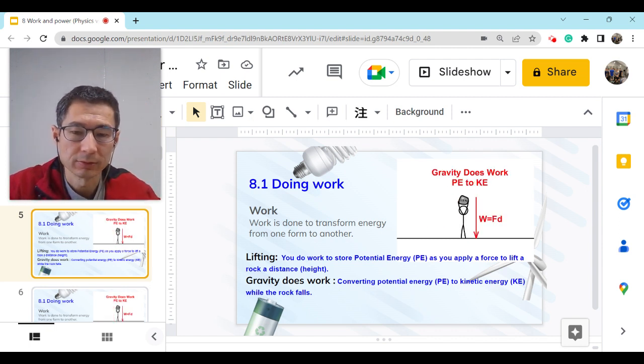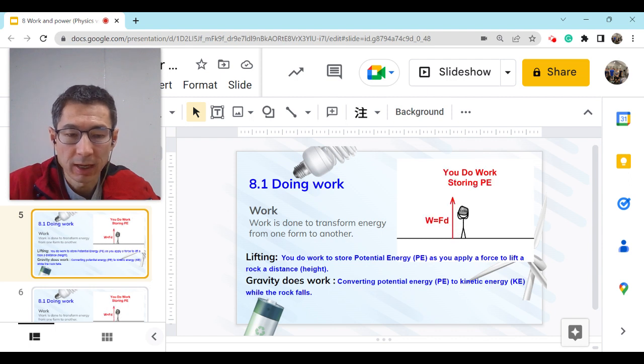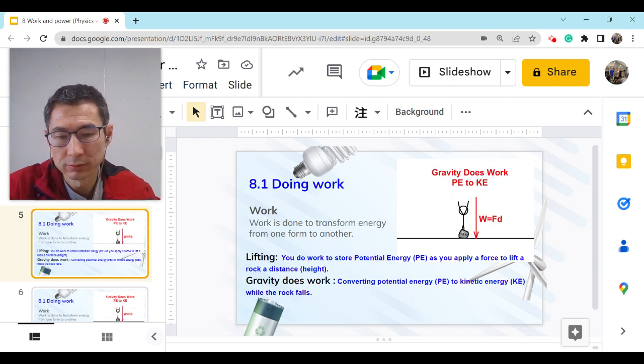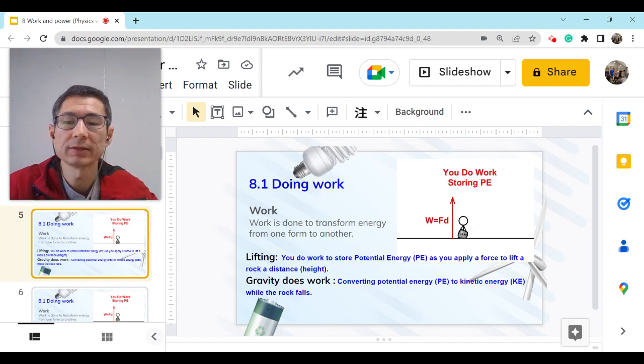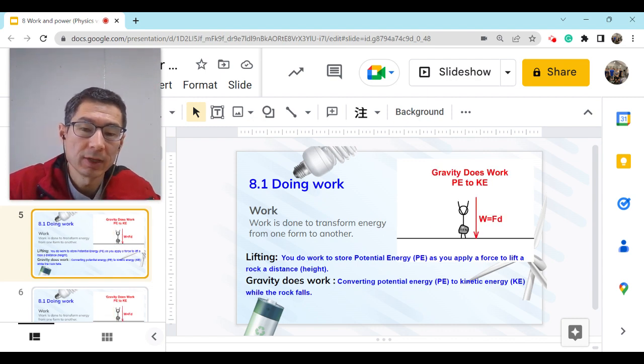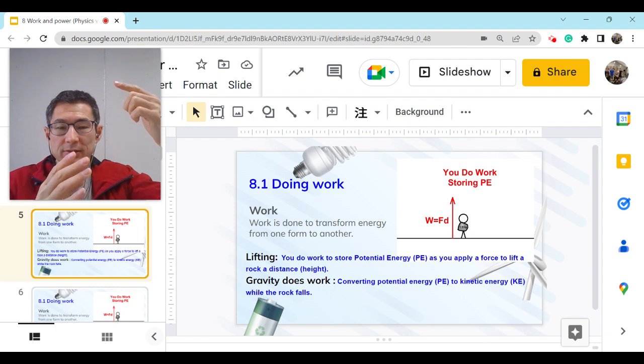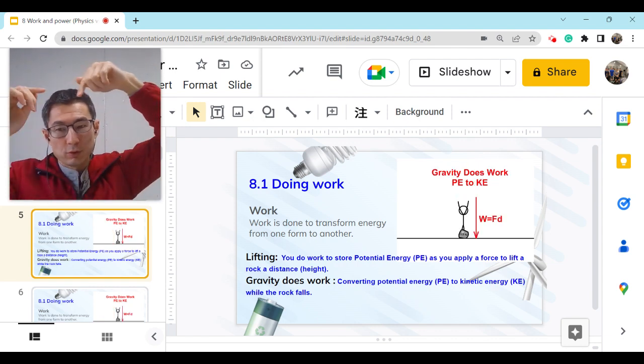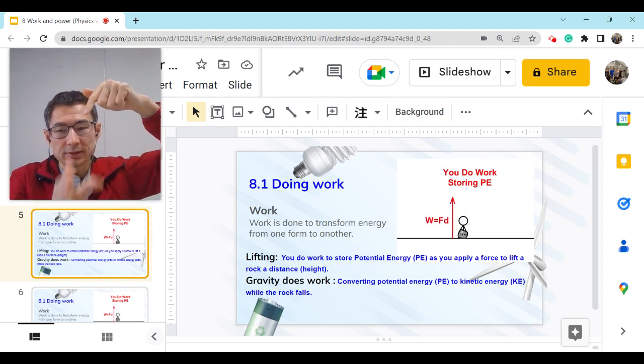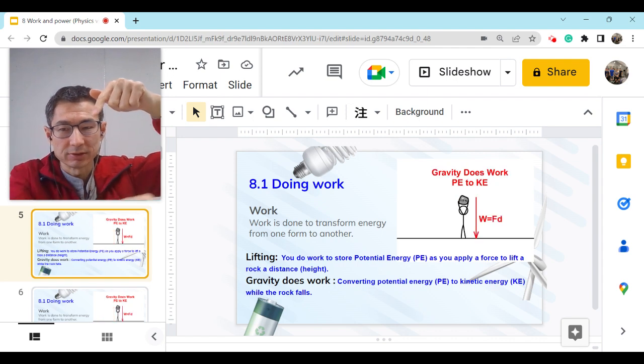So when lifting, you do work to store potential energy as you apply force to lift the rock a distance of height. And gravity also does work. Gravity does the work, converting potential energy to kinetic energy when the rock goes down, isn't it? This is the second part of the animation.